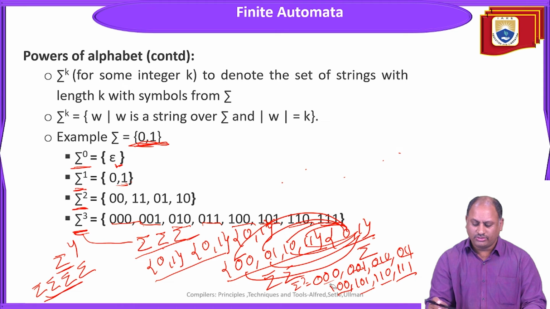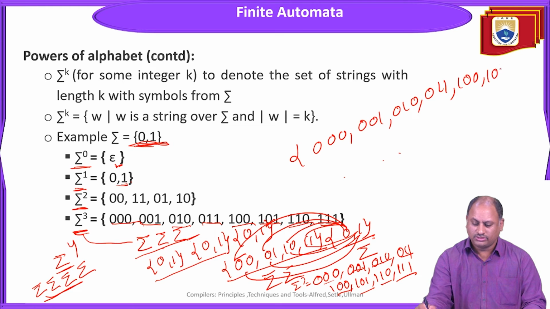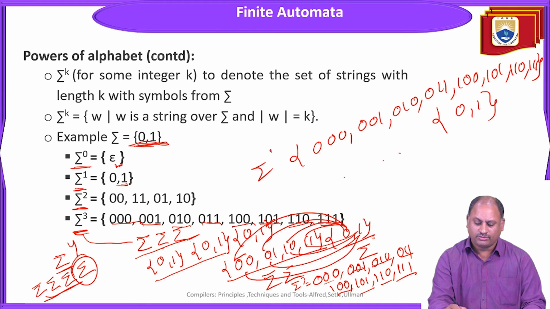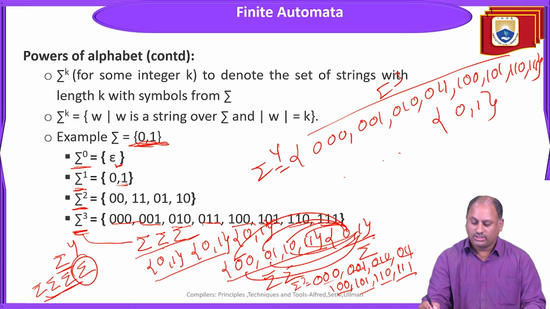So previously we have already denoted sigma power 3, that is 0, 0, 0, 0, 0, 1, 0, 1, 0, 0, 1, 1, 1, 0, 0, 1, 0, 1, 1, 1, 0, 1, 1, 1. And again, with the combination of one more sigma, 0, 1, we get sigma power 4. This is all sigma power 3 and this is sigma.